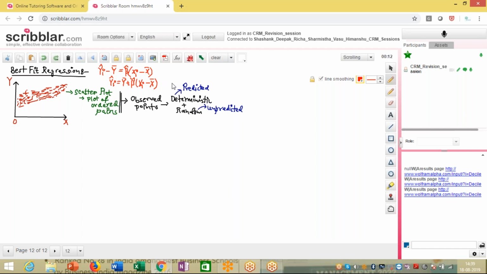This is something which I would want to understand very clearly. This is the best fit regression line, what I have been calling my best fit regression line.